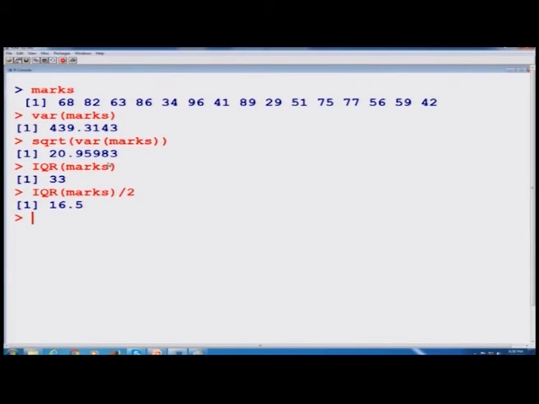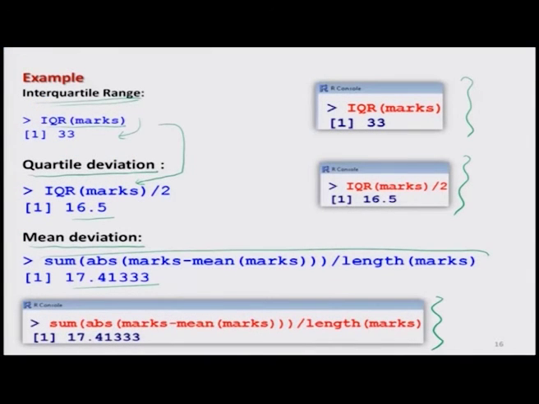And in case you want to find out the mean deviation, this is given by this thing, value 17.41. So, you can see that it is not very difficult to compute these values directly from the R software. Now let us come back to our slides and see what we can do more.